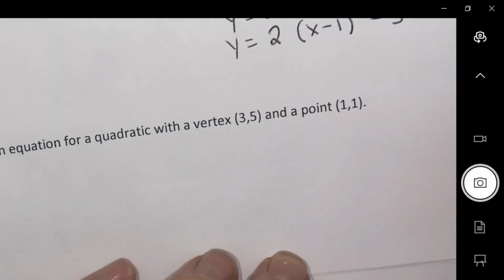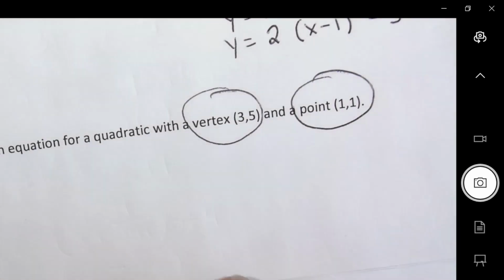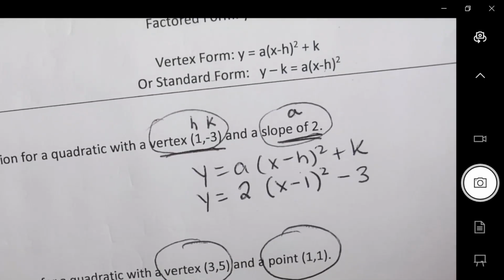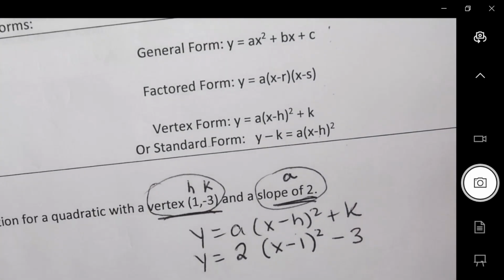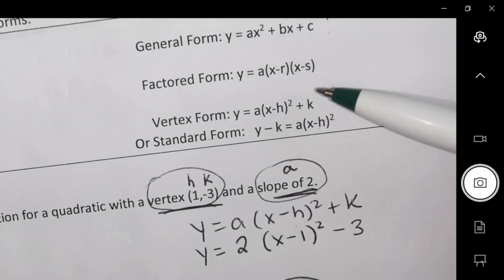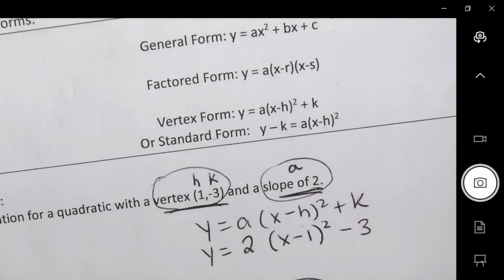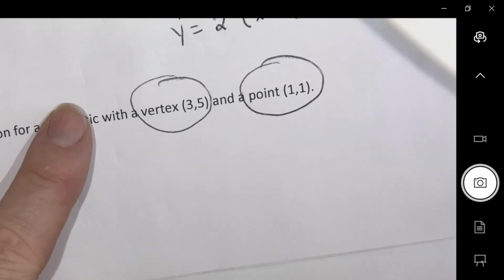Okay, I've been given a vertex and a point. So which one of the 3 forms should I pick? I've been given a vertex and a point. So I'm going to pick vertex again because I've been given the vertex. As soon as I know the vertex, I can use that.